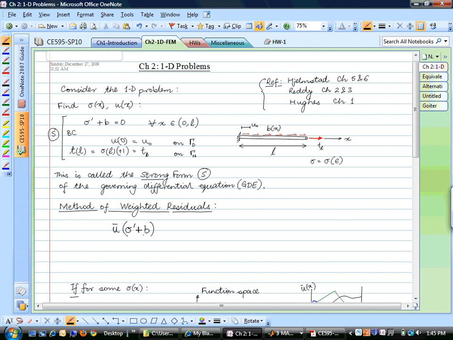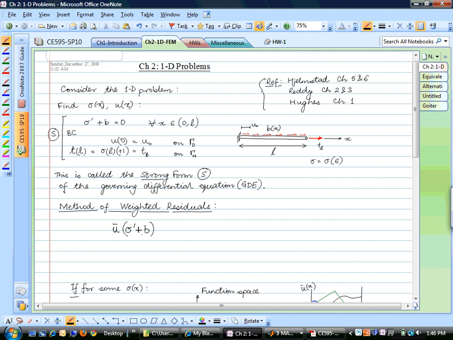If that happens, then you can definitely say that div s plus b is 0 at that x. So you give me any u bar, I multiply it with this bracket quantity, and if the result is 0 for all u bar, then we can be sure that div s plus b is equal to 0 at that x.